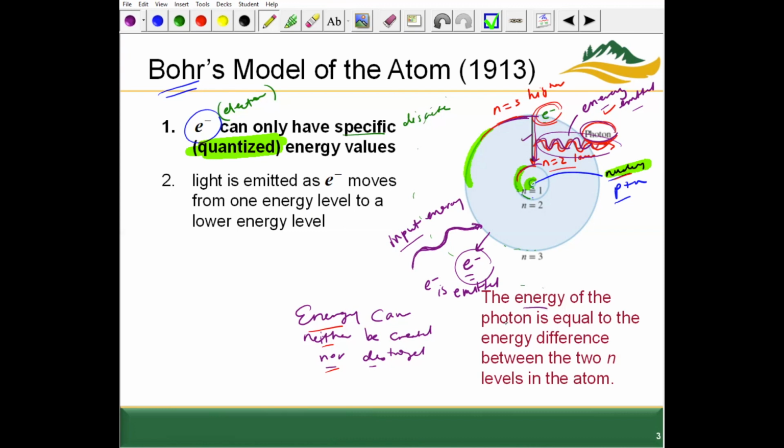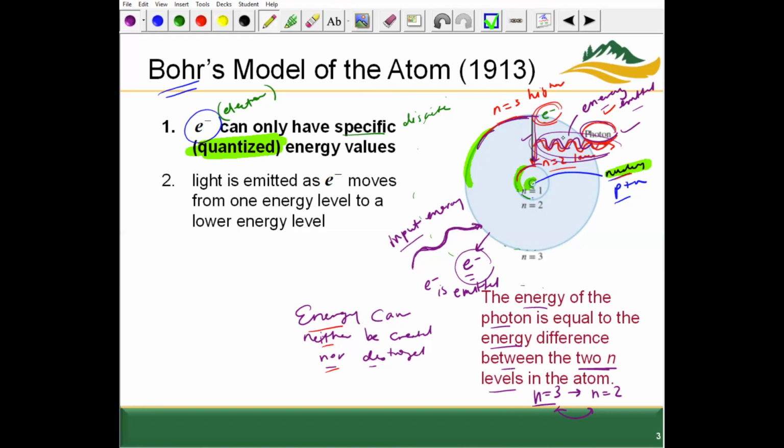So the energy of this photon or wave is equal to the energy difference between the two N levels in the atom. The energy difference between the N equal 3 energy level and the energy of N equal 2, that difference is also the energy of this emitted photon.